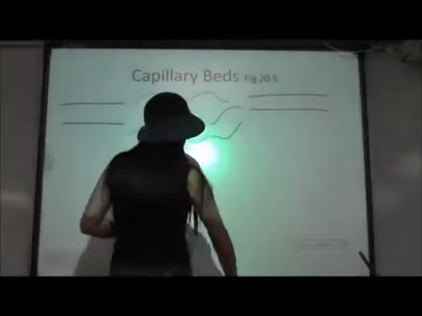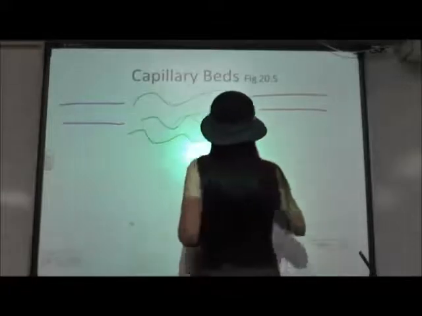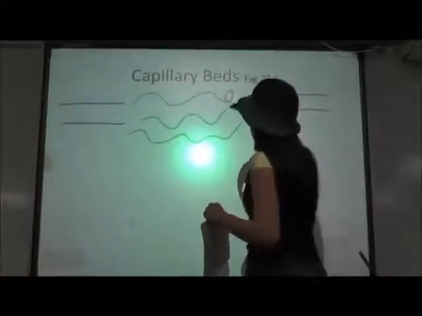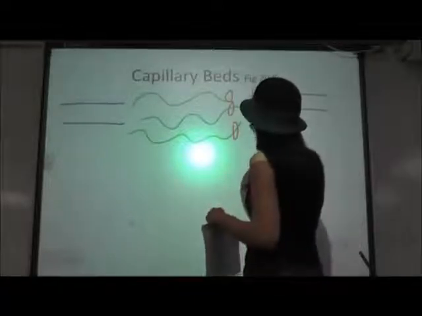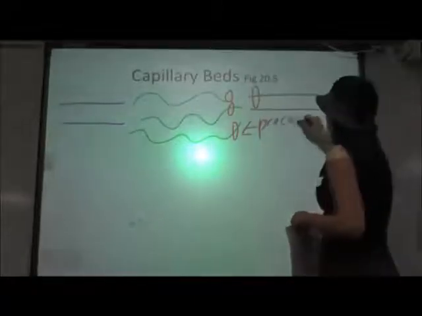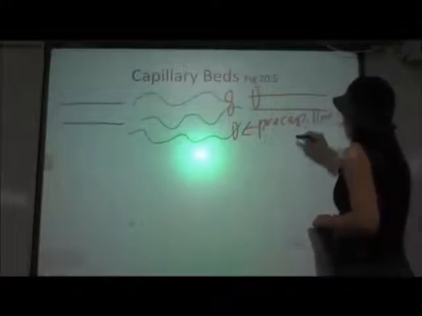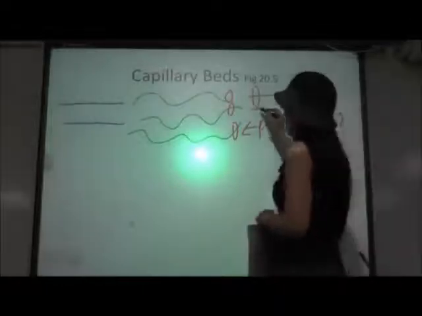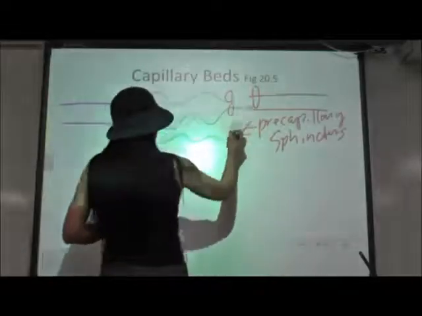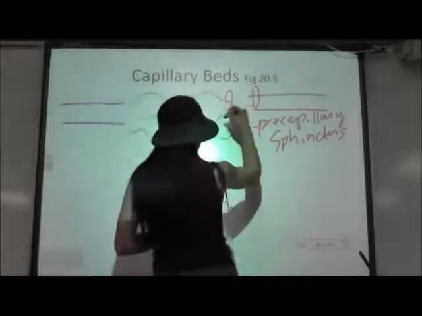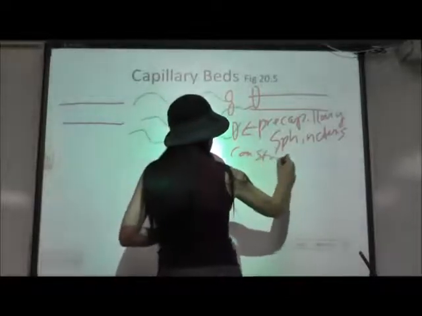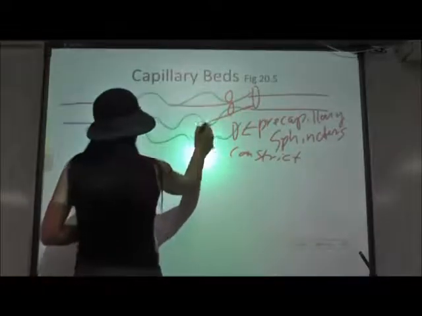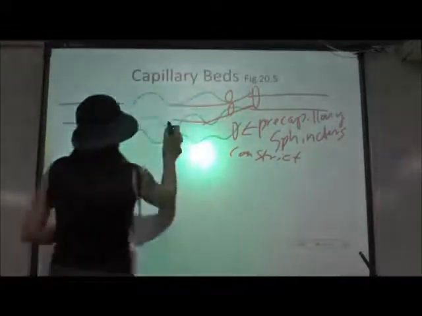On the arterial end, we have these precapillary sphincters that can close off the capillaries. If we constrict them all, so we'll say on this side we're constricting, then the blood is going to go through what's called a thoroughfare channel and dump into the venule.